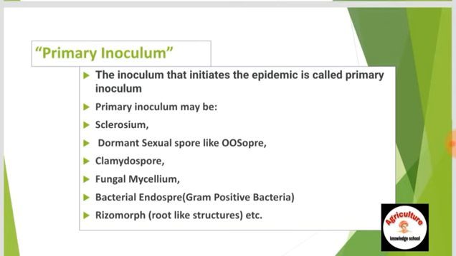Primary inoculum may be sclerotium, dormant sexual spores like oospores, chlamydospores, fungal mycelium, bacterial endospores, which are made by gram positive bacteria only, and rhizomorphs, the fungal root-like structures. So these are the sources of primary inoculum.